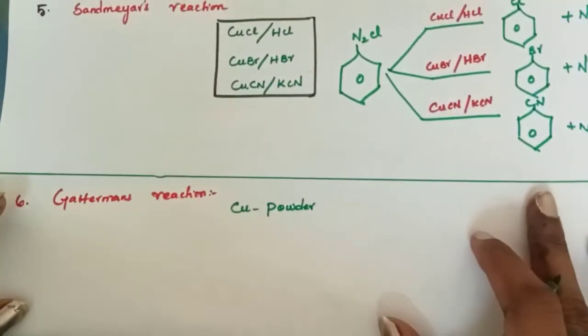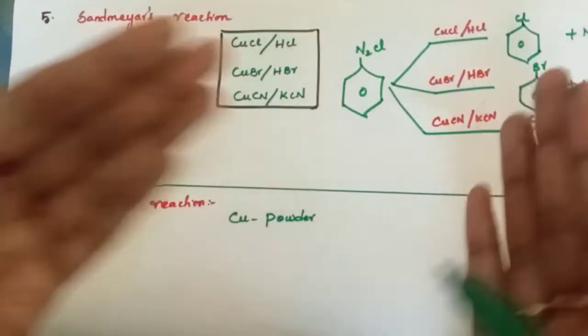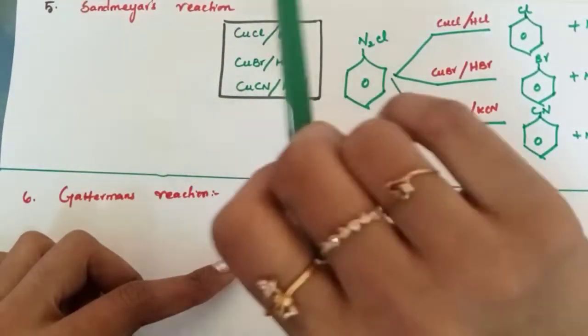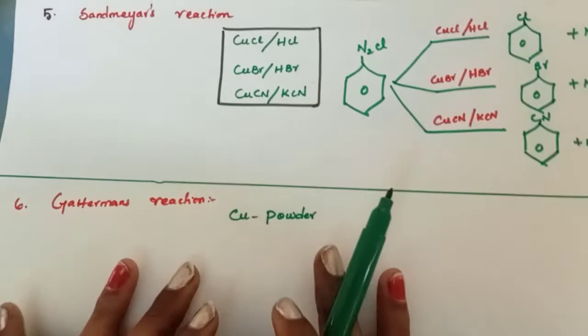Then the next reaction, which is Gattermann's reaction. Same reaction, same process takes place, but in place of cuprous chloride and all, here copper powder is used.